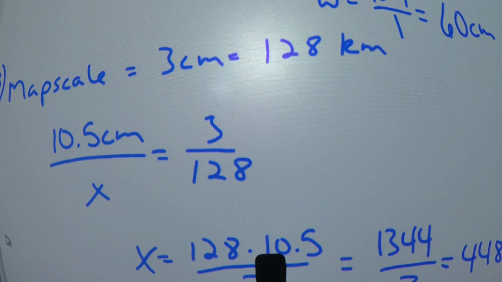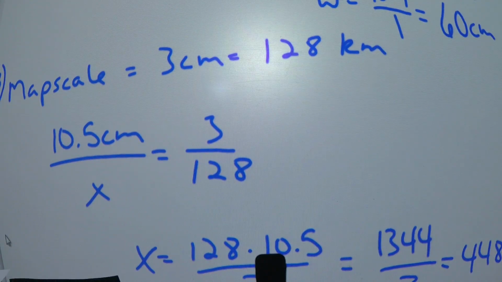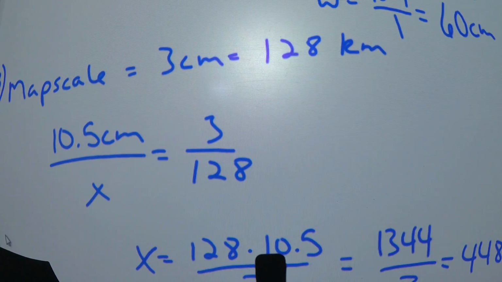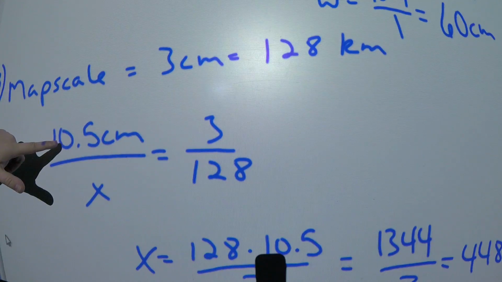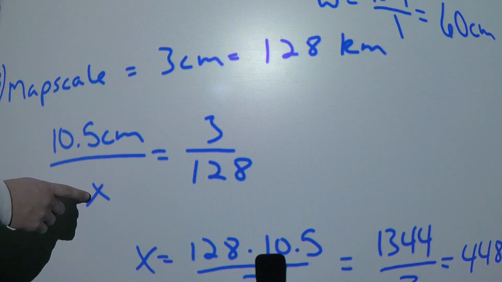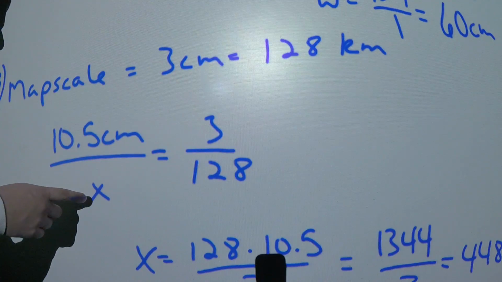All right, and then we set up our proportion because in the problem it says that we want to find the actual distance between 2 points, between these 2 cities. And that if the distance on the map is 10.5 centimeters, then what is the actual distance in real life? Well, you set it up as small over big, the distance on the map over the actual distance.